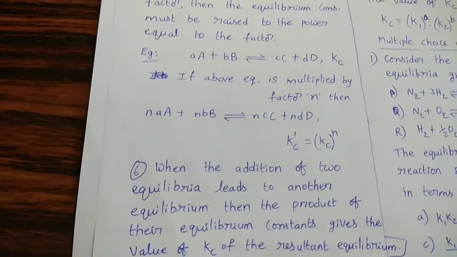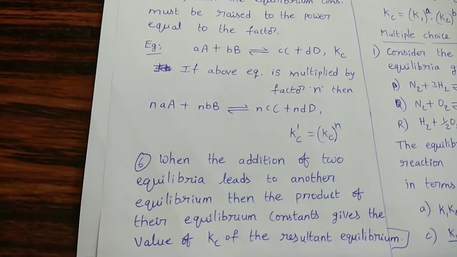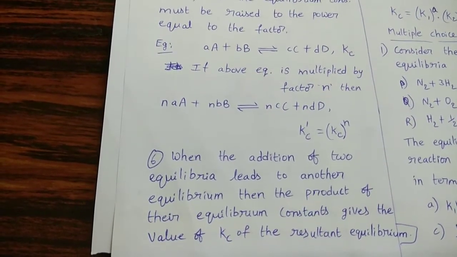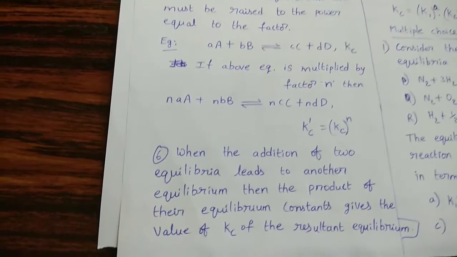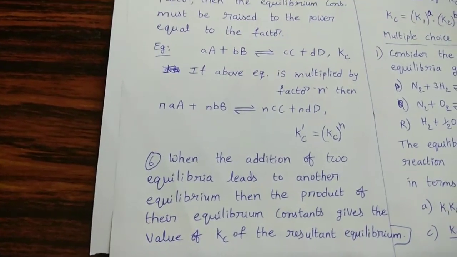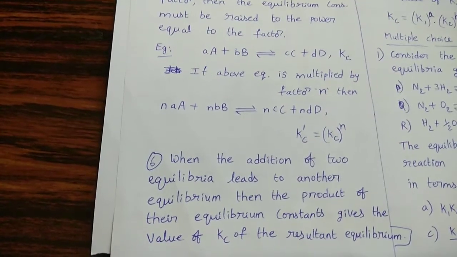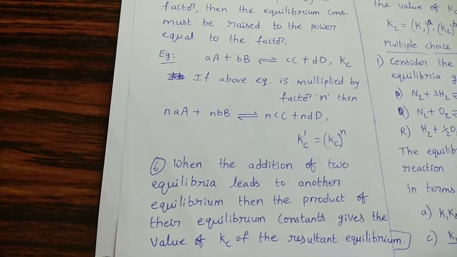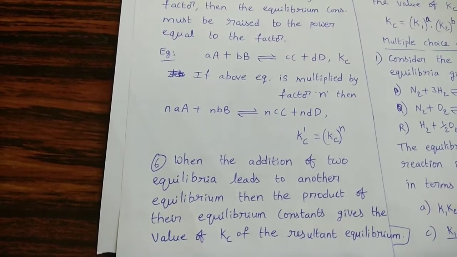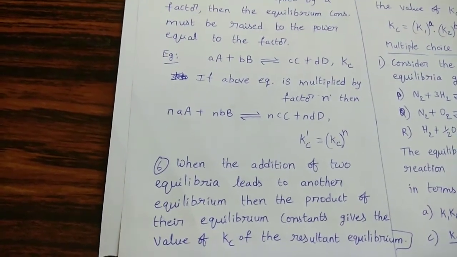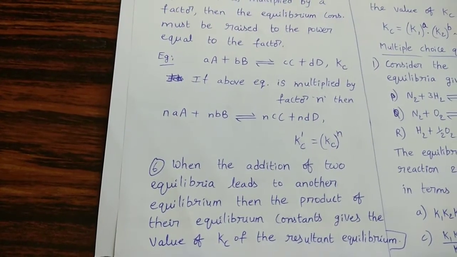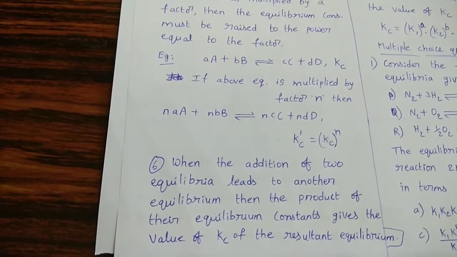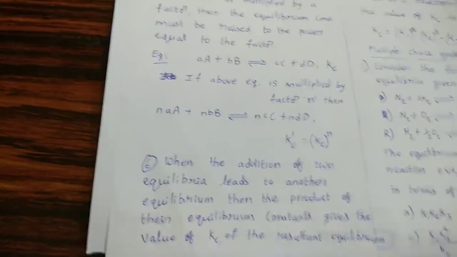Next, when the addition of two equilibria leads to another equilibrium, then the product of their equilibrium constants gives the value of Kc of the resultant equilibrium. Two equilibrium reactions are there. If we add those two equilibrium reactions, then the resultant equation also has an equilibrium condition. For that resultant equation, if we want the equilibrium constant, then multiply the equilibrium constants of these two reactions.